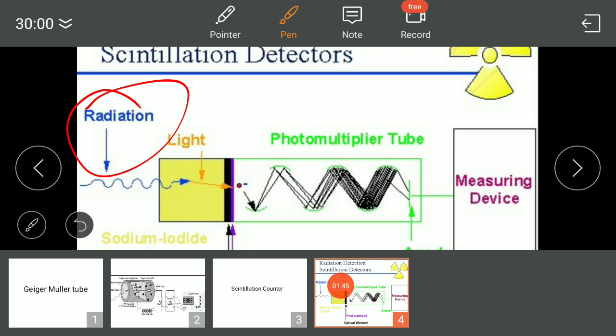Now I've already discussed the photomultiplier tube in my previous lectures. What was the role of the photomultiplier tube? It is used for amplifying the light and converting it into electrical energy, into current form. Here also, the whole construction of the scintillation detector includes a photomultiplier tube.